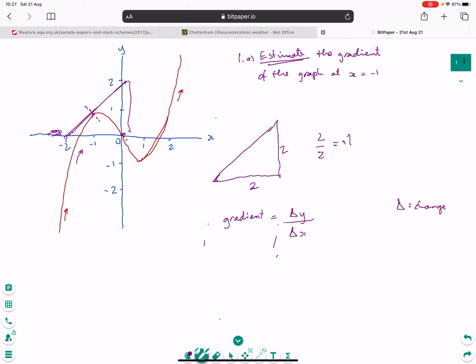So you've got 0 take away 2. Then here on the x-axis, you're starting at -2 and then you're taking away 0. So I think you see that at the top it's minus 2 divided by minus 2, which equals 1. A minus divided by a minus is a positive. So the gradient should be 1.